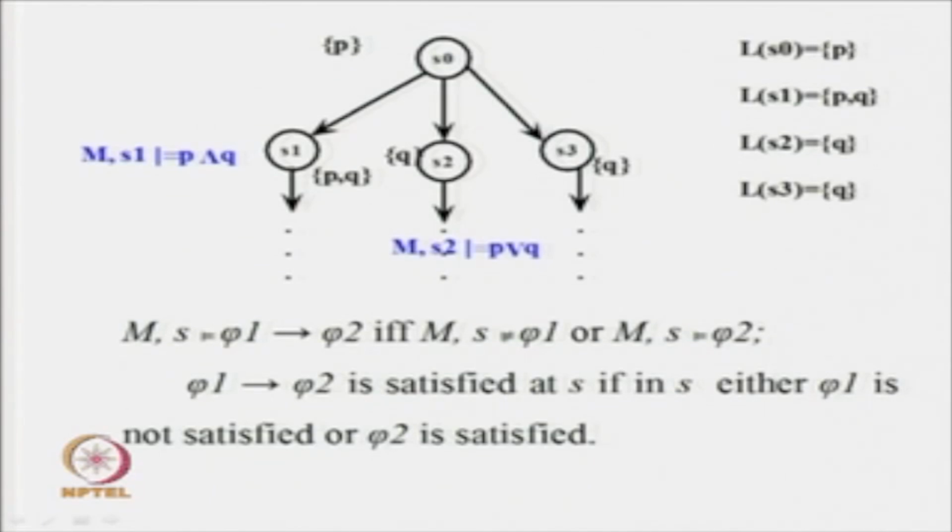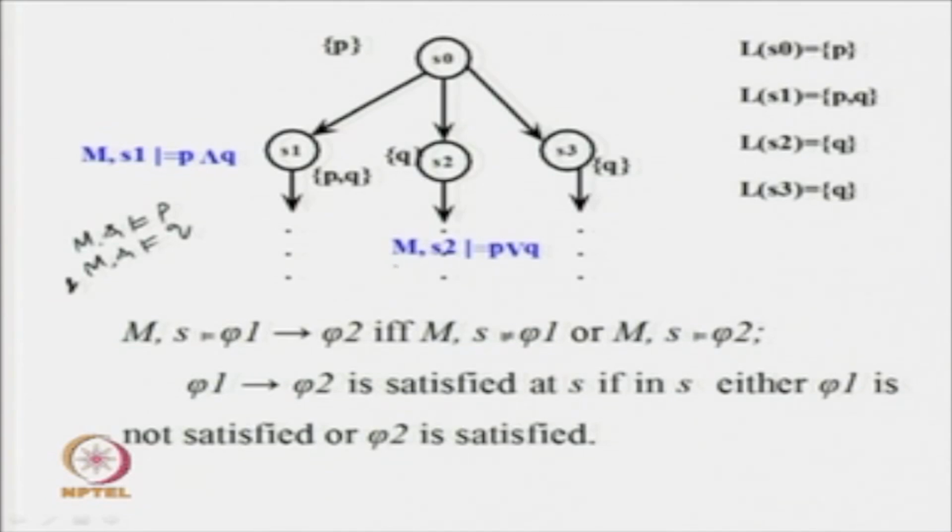If we concern ourselves with state S 1, we will find that M, S 1 models P and Q, because S 1 is labeled with P and Q. So M, S 1 models P and M, S 1 models Q. Since both P and Q hold in state S 1, you can say that P and Q holds in this state S 1. If you come to state S 2, you will find that it is labeled with Q, which means atomic proposition Q is true here.